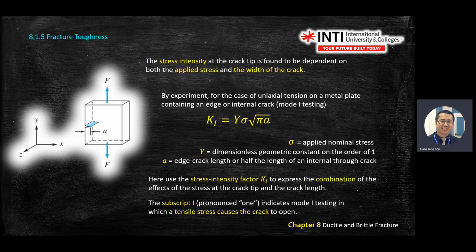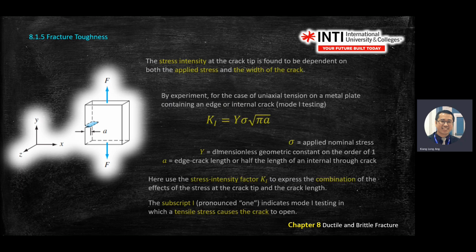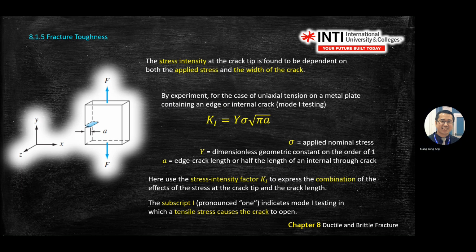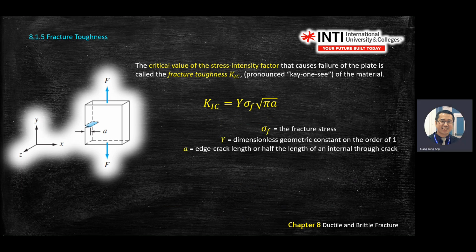Then you modify this equation for the mode 1 stress intensity factor a little bit. If you want to find the critical value of stress, you just modify it a little. When it becomes a critical stress intensity factor, you change the stress value to become the fracture stress, the stress that makes it fracture.